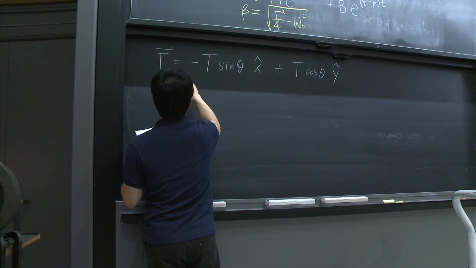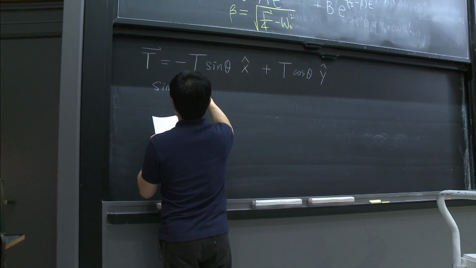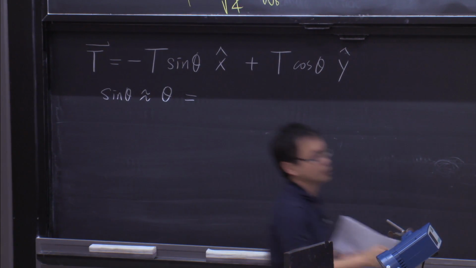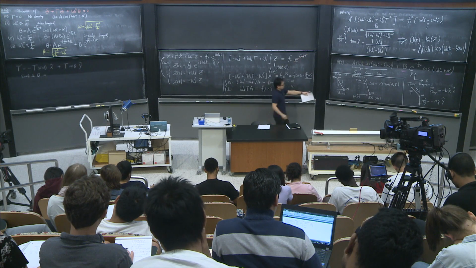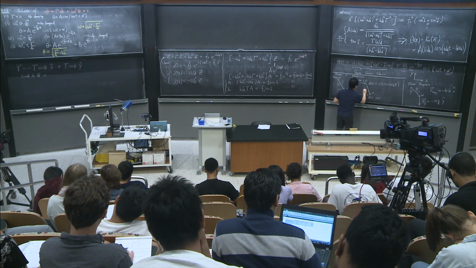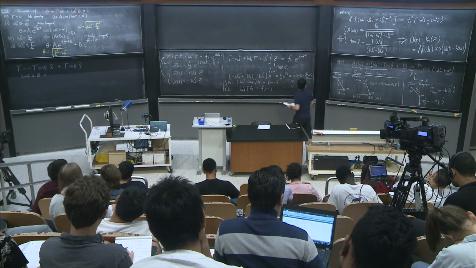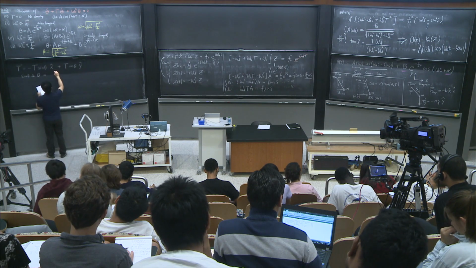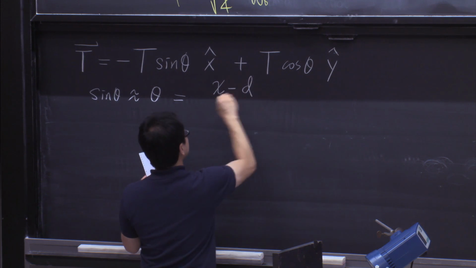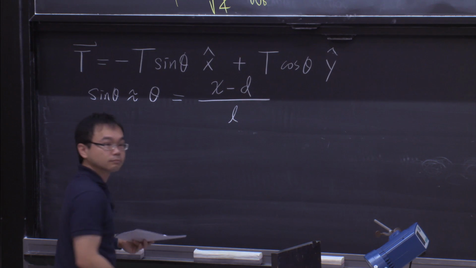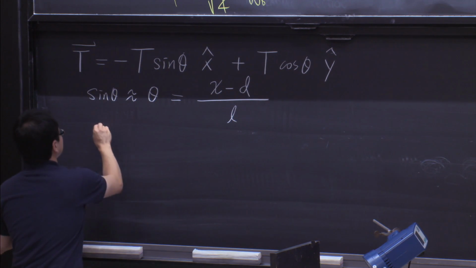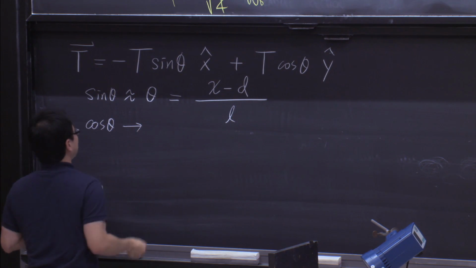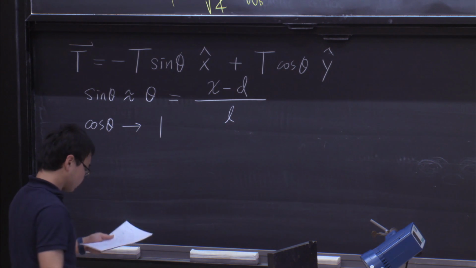Then sine theta is roughly equal to theta, and you can calculate the theta: sine theta, or theta, will be equal to x minus d divided by L. Of course, taking the small angle approximation will bring cosine theta to be 1.